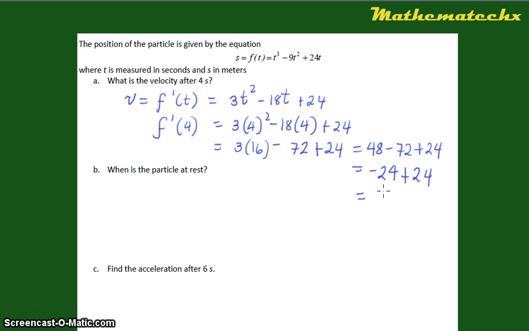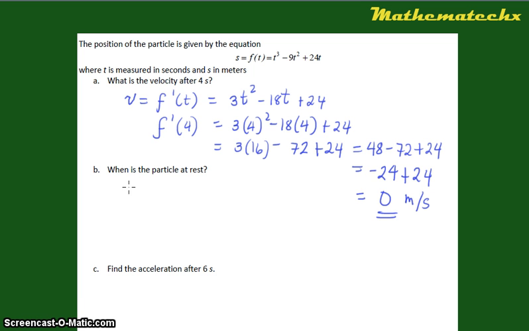So this will be 0. The velocity after 4 seconds is actually 0. So at t equals 4, the particle is not moving. Take note, the velocity at 4 seconds is 0 meters per second.